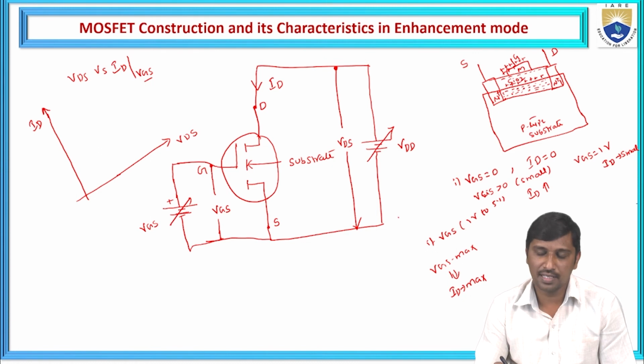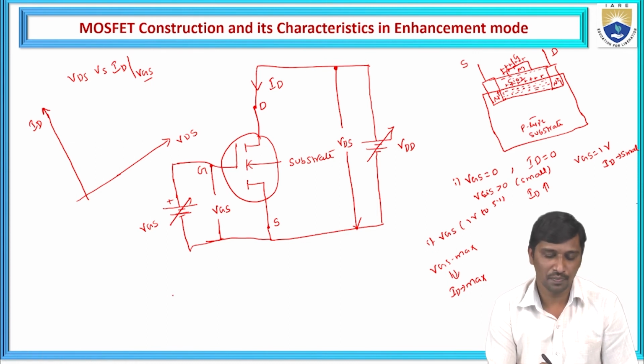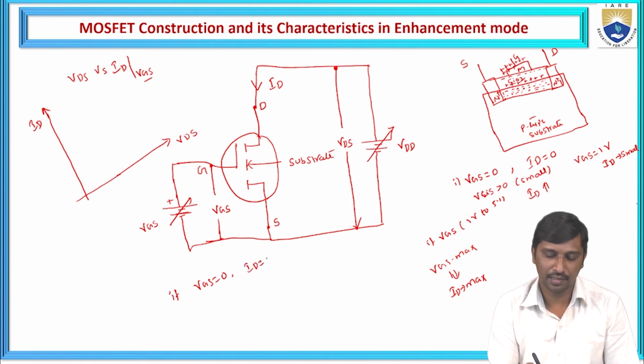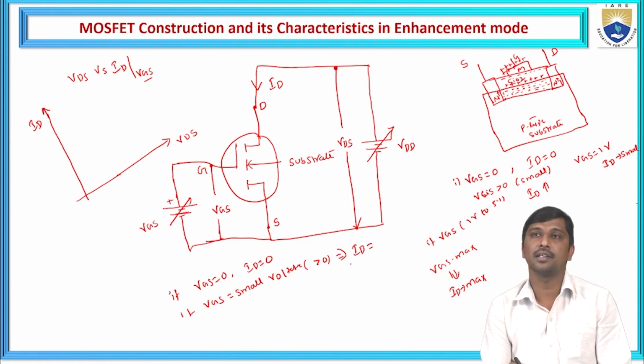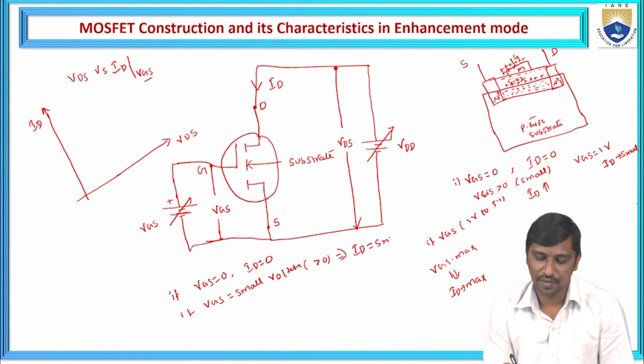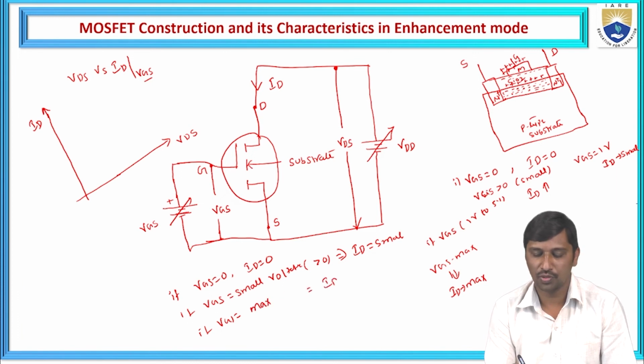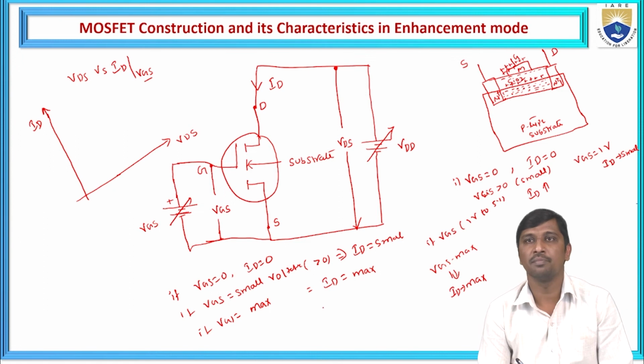From all these three representations, what we observe is: if VGS is 0, the drain current is also 0. If VGS is some small voltage, greater than 0, we observe that the drain current is also very small. Whenever VGS is maximum, the drain current is also maximum.